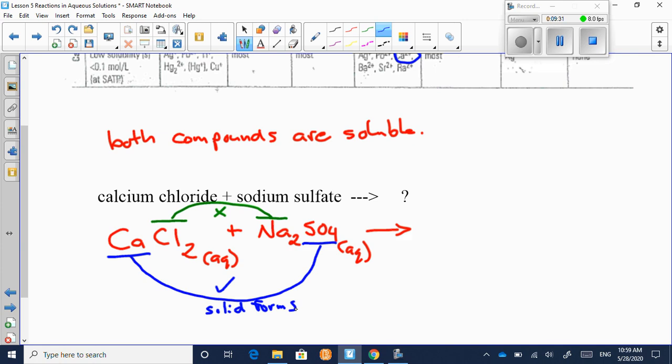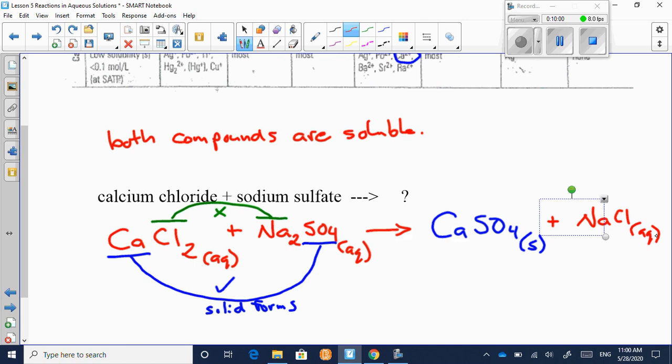Okay, so now my prediction is that, look at this, I am going to predict that calcium sulfate, and I know that that's a +2 and that's a -2, so I don't need any subscripts here, solid forms. And then look what we do with the other one. We still write them here as part of our equation, I'm going to write NaCl, but we're allowed to write aqueous still because it hasn't formed a solid.